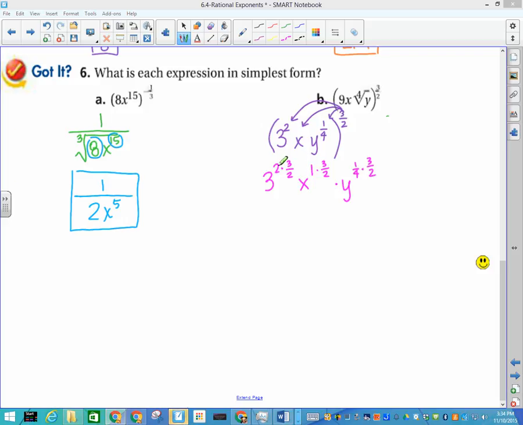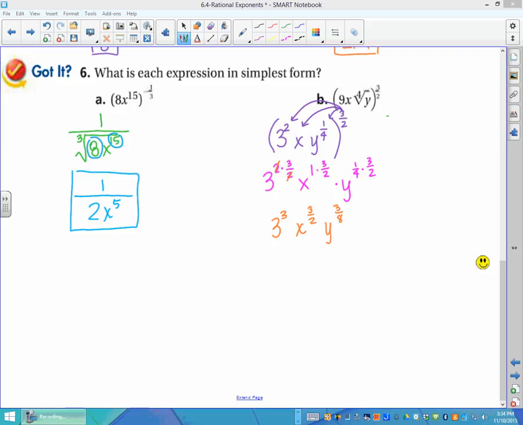So when I do that, okay, my 2's cancel. That leaves me with 3 to the third, x to the 3 halves, and y to the 3/8.